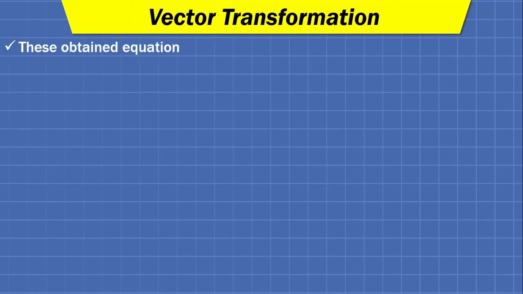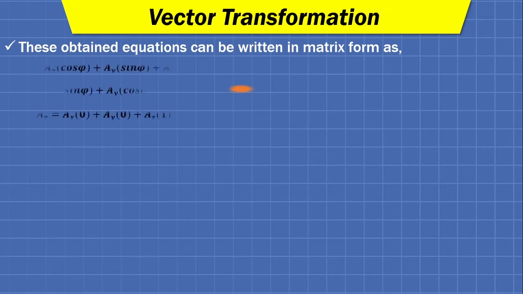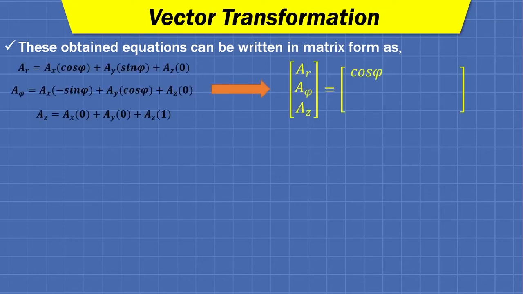So these obtained equations can be written in matrix form as AR, A phi, AZ equals a 3 cross 3 matrix: cos phi, sin phi, 0, minus sin phi, cos phi, 0, 0, 0, 1, times another column matrix AX, AY, AZ.